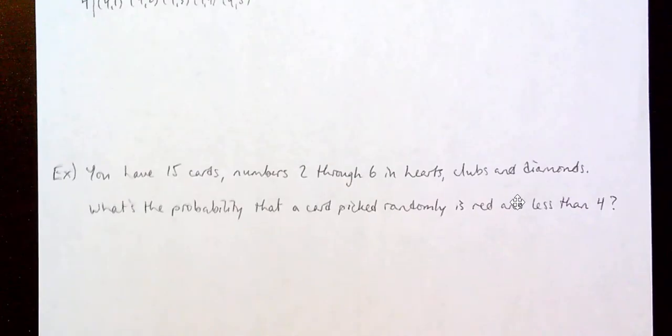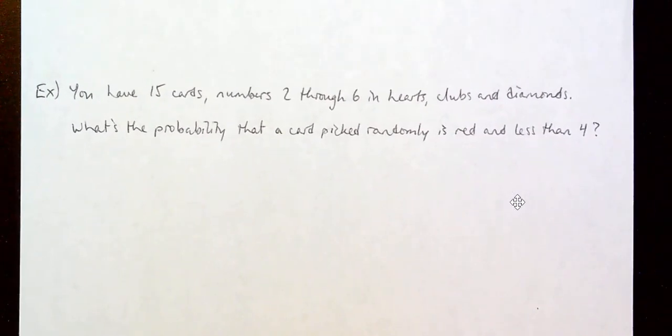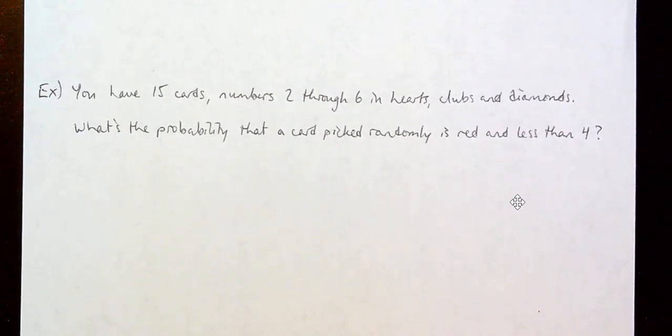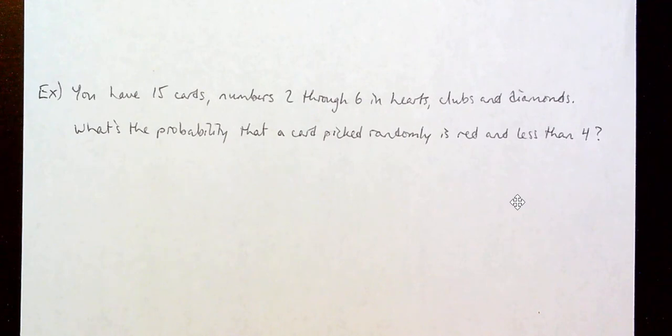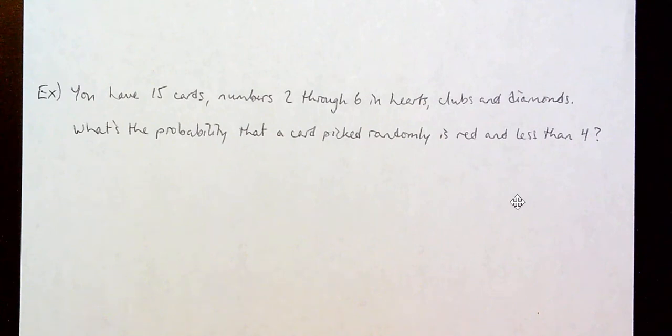The second one, I'm going to challenge you guys. Try this one on your own. Suppose you have 15 cards, and these cards are the numbers 2 through 6 in the suits of hearts, clubs, and diamonds. What is the probability that the card you pick at random is red and less than 4?